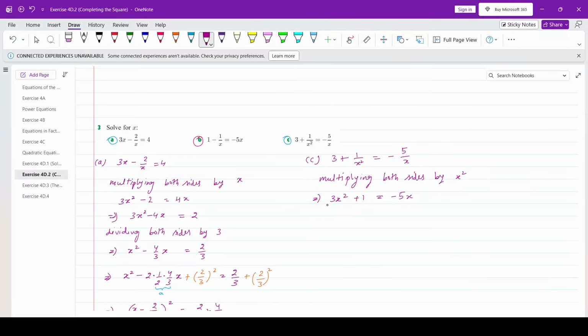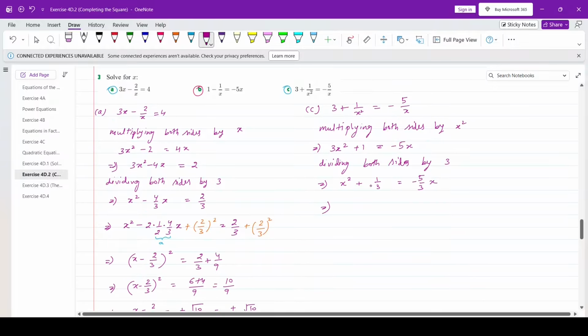Now we need to get x square here, so we need to get rid of this 3. Therefore, dividing both sides by 3, we get x square plus 1 by 3 is equal to negative 5 by 3 x.